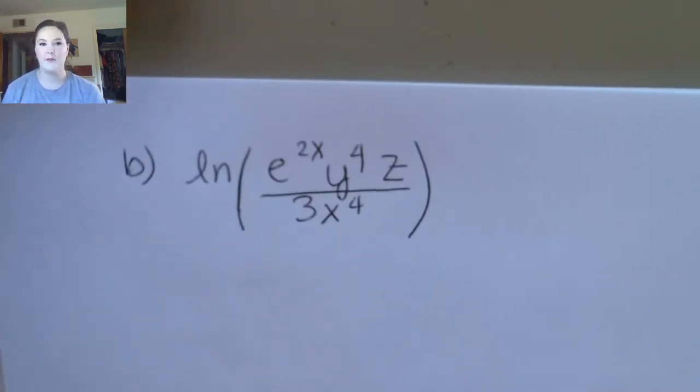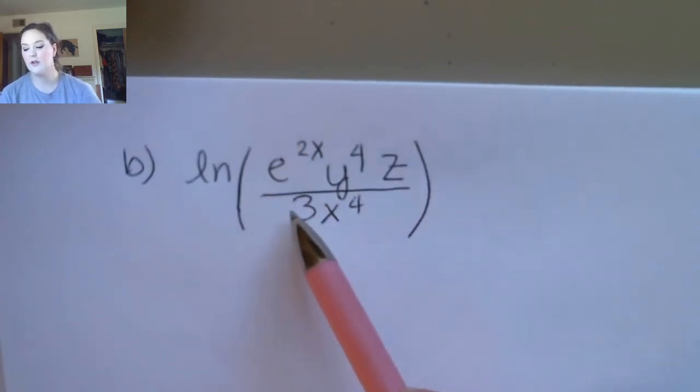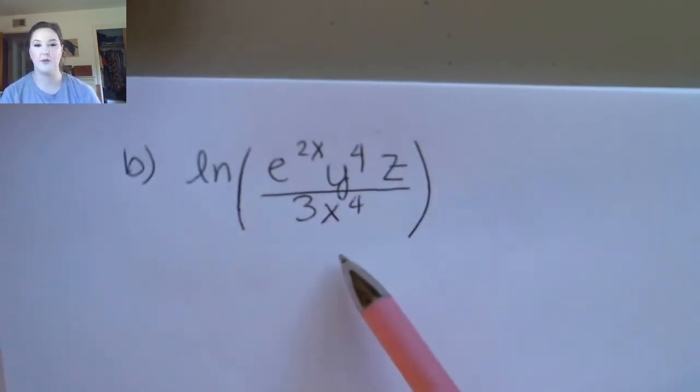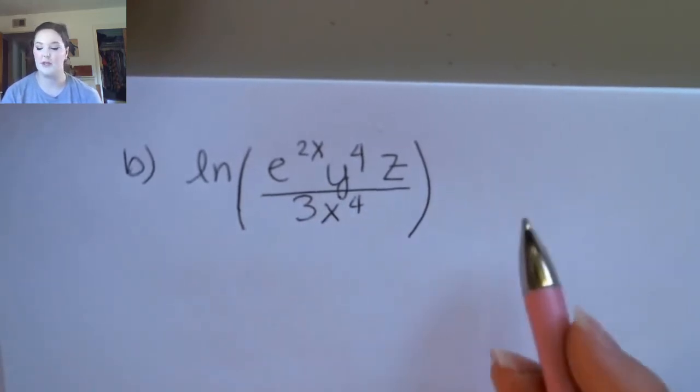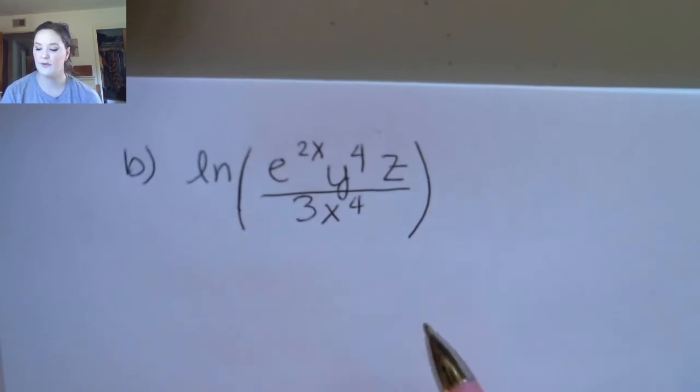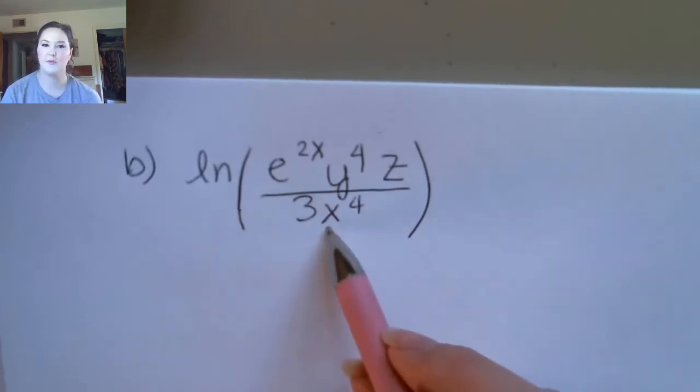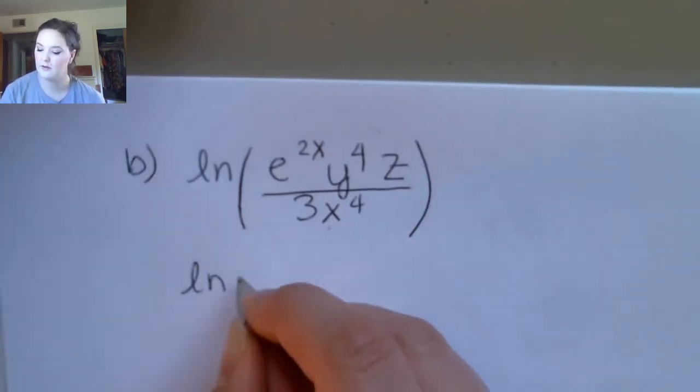All right, so if you have something like this, it's okay to check if you can simplify the fraction on its own first. You can see here that you can't do that, but sometimes you can using just exponent rules and other techniques. Okay, so the first thing we're going to do is split this up into numerator and denominator.